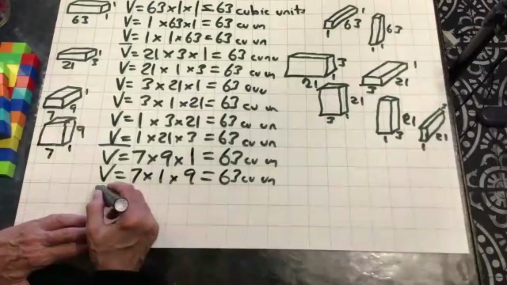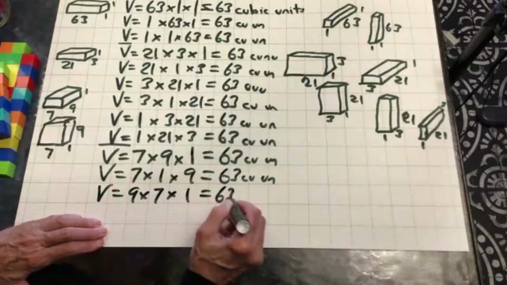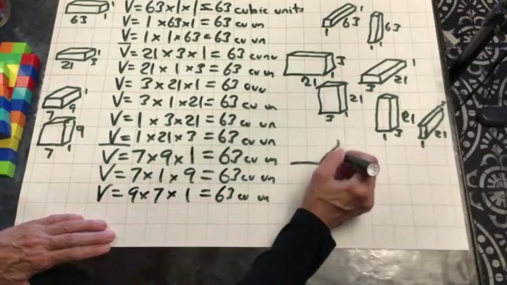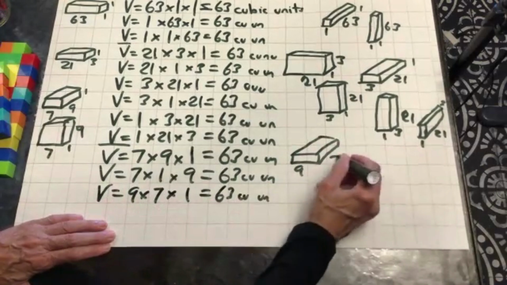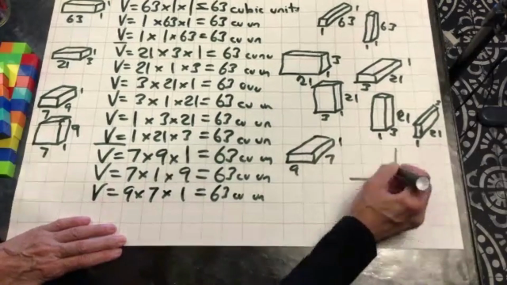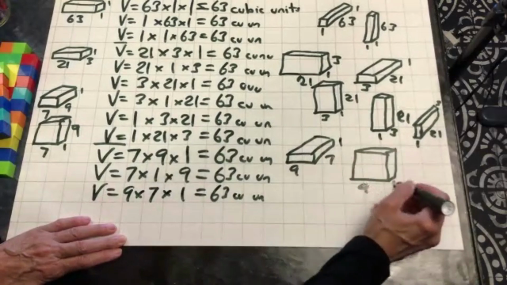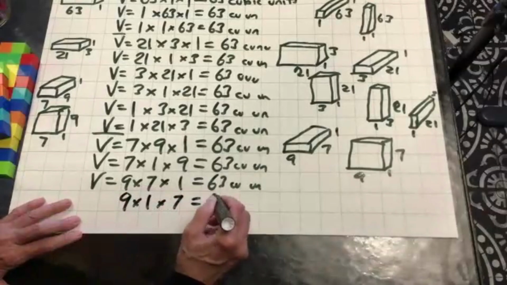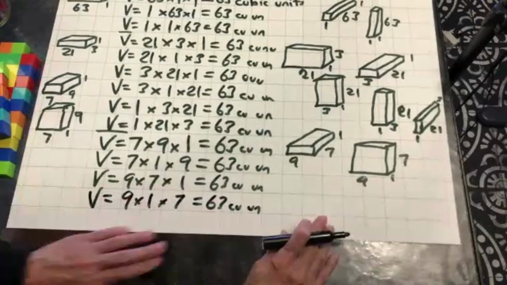And then we can do a 9 by 7 by 1, or a 9 by 1 by 7. You're just checking yours off.